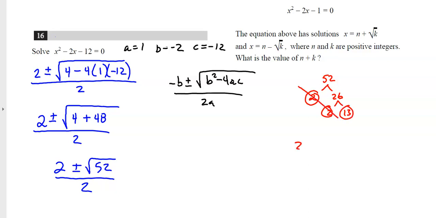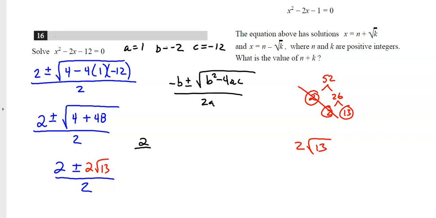So pair of 2's count at once on the outside. If there were more, I would multiply them together, but there's no more. 1 loner on the inside. So I think I can replace that square root of 52 with 2 radical 13. And now I need to break these two up.